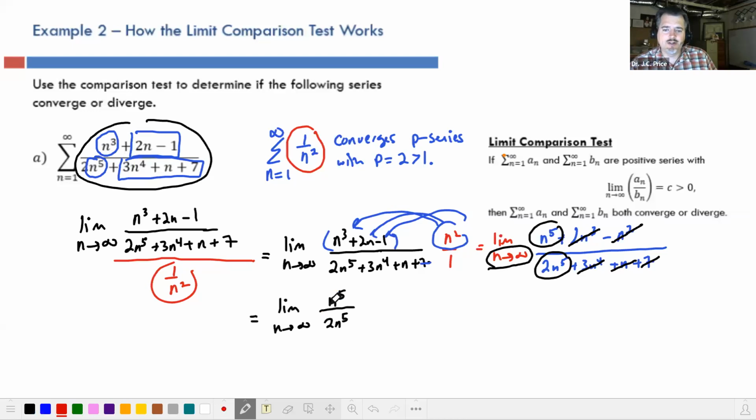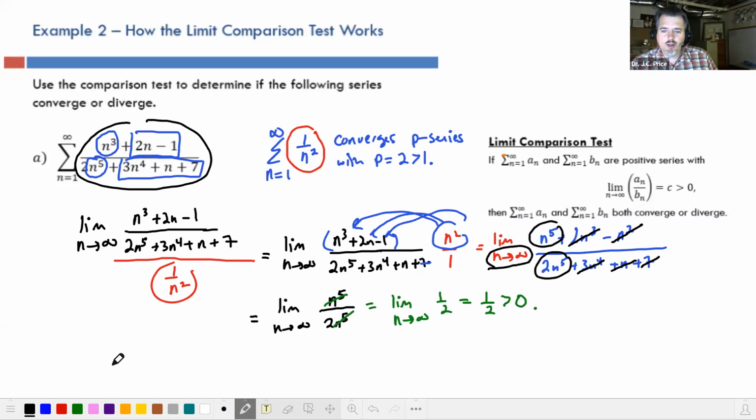And of course, now it's very clear what's going to happen. The n to the 5ths are going to cancel. And I guess I'll do one more step just for fun. So the limit as n goes to infinity of 1/2. And of course, that's equal to 1/2, which is bigger than 0. And so then what can I conclude?